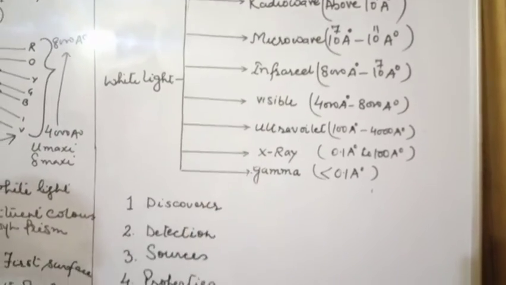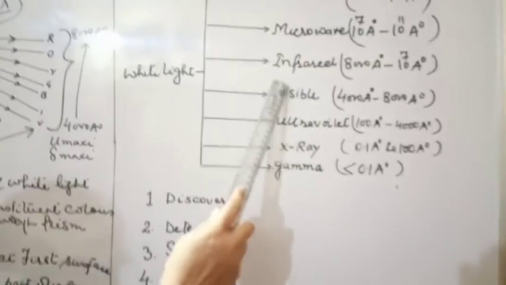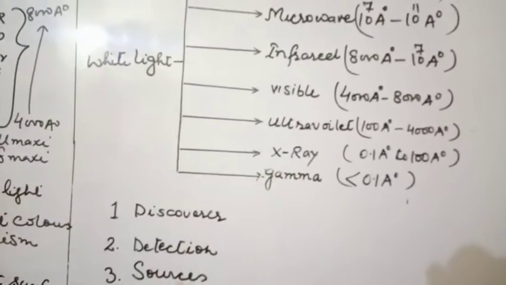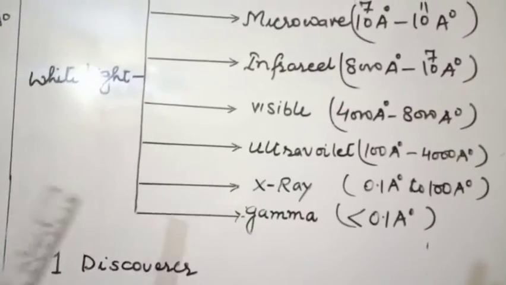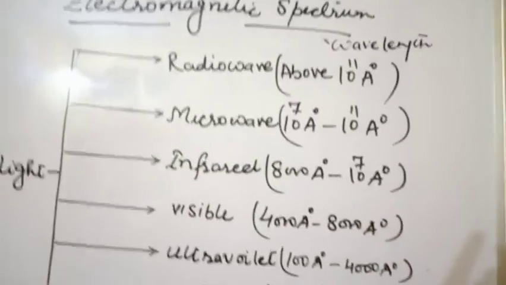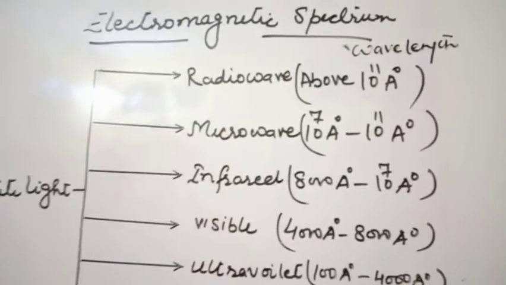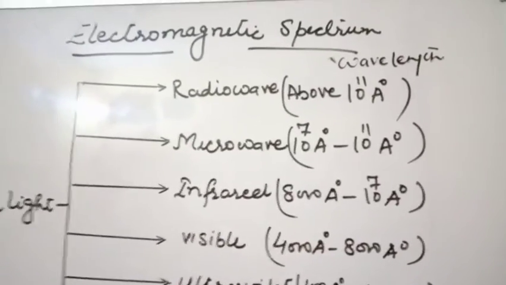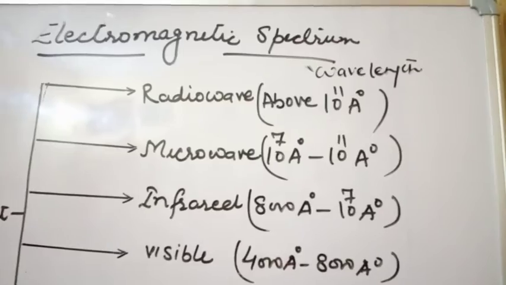Its nature is very hot, and when we take a blackened thermometer in this region, there is a sudden rise in its temperature that shows the infrared radiation. Microwave we can detect with the help of an oscillatory electrical circuit, whereas radio wave with the help of the aerials of TV and radio receivers.